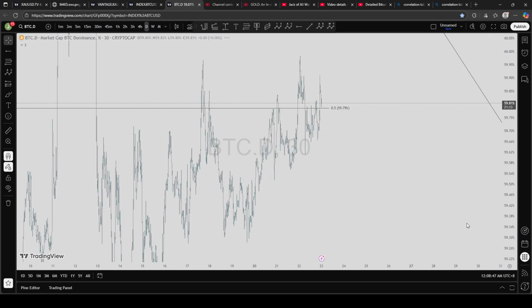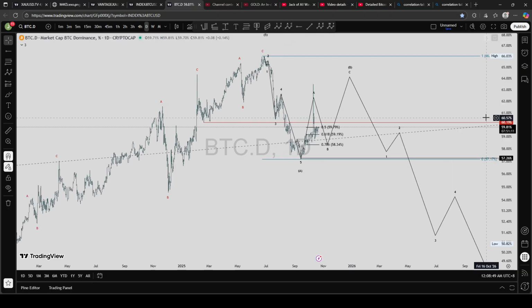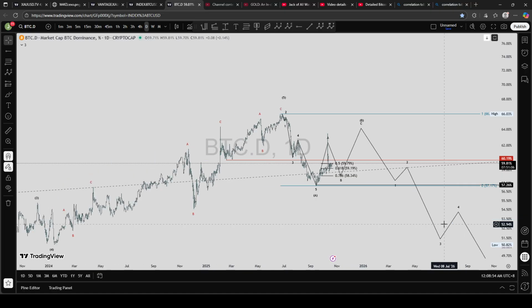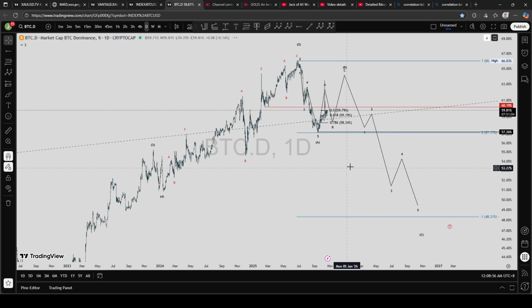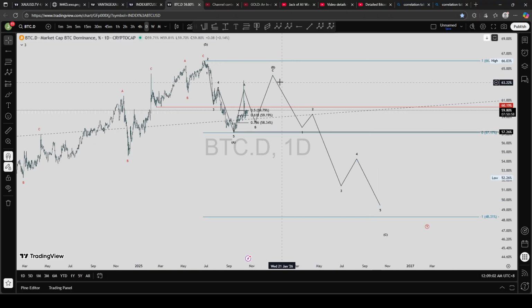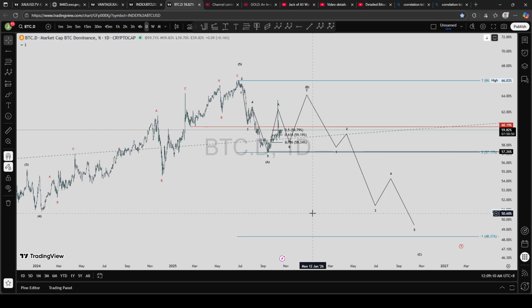If I base it on the higher time frame scenario, this is BTC dominance. I'm expecting the BTC dominance to create a wave B here, and after the wave B, 5 waves down could be the start of a possible short-term alt season.